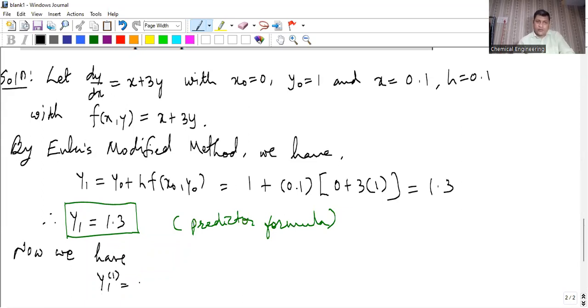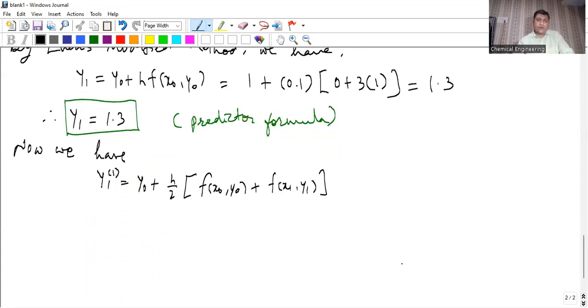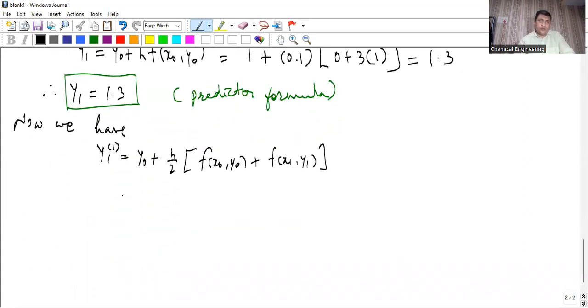So first correction to y1 is y0 plus h by 2 times f of x0 y0 plus f of x1 y1. So this is the correction we have. And now hence we can write this as, see, this y0 is going to be 1.